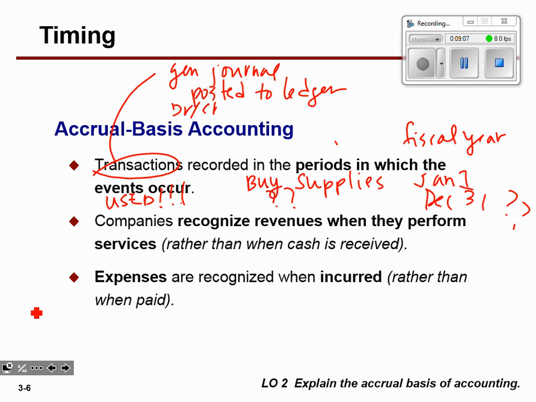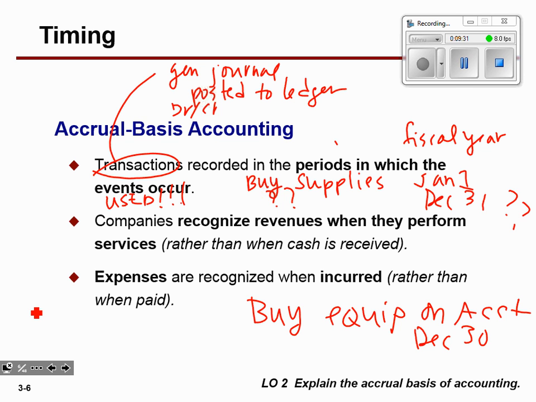Under accrual basis accounting, we are going to recognize that we bought the supplies, that we paid for the supplies, during the year it happens. Let's say we instead buy equipment on account. And let's say we decide we're going to buy that equipment on December 30th.